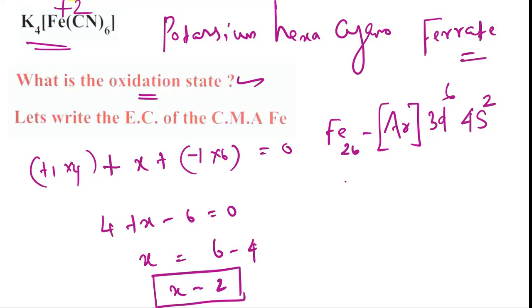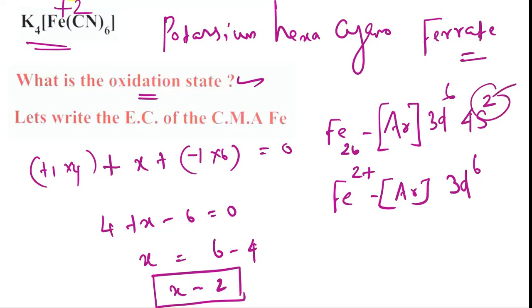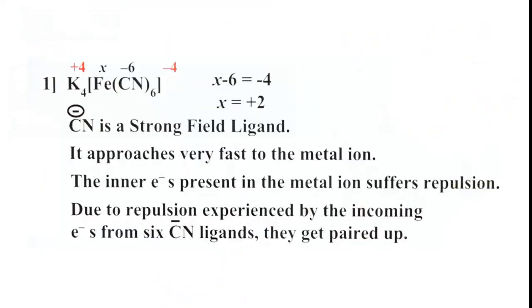If it is in plus 2 oxidation state, Fe2 plus means it is argon 3d6, because it has given out these 2 electrons. Here, let us take the iron as X. We found the oxidation number of iron is plus 2, and here CN is a strong field ligand as I said earlier. So it approaches very fast to the metal ion and it pairs up the unpaired electrons.